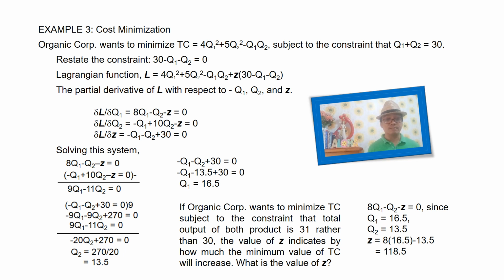On the basis of these calculations, Organic Corporation would be foolish to accept this offer, since this extra product would raise its cost by 118.5 pesos, which is 3.5 pesos more than the amount the client offers to pay for it. In general, a Lagrangian multiplier z indicates the marginal effect on the objective function of decreasing or increasing the constraint requirement by 1 unit.